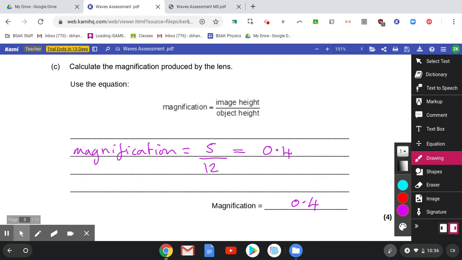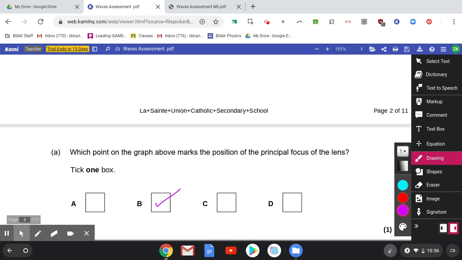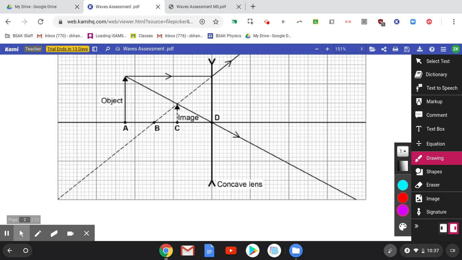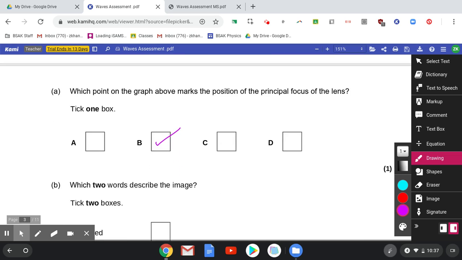Calculate the magnification. So I've done it in squares. I've counted the number of small squares from the principal axis to the top of the object, and from the principal axis to the top of the image. You could have measured it out, but it's easier by counting the squares.